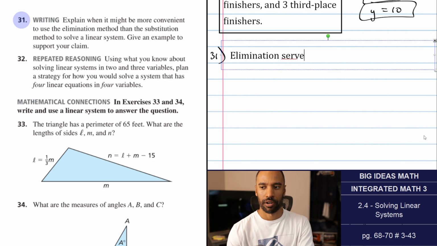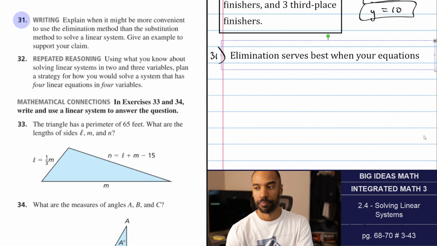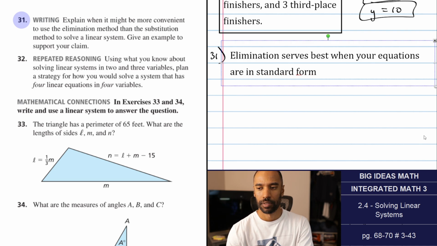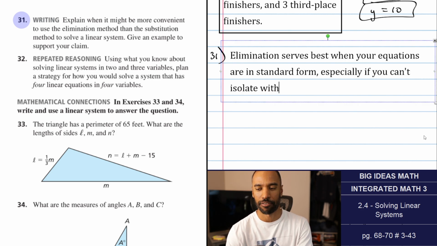Elimination serves best when your equations are in standard form, especially if you can't isolate a variable without introducing fractions.